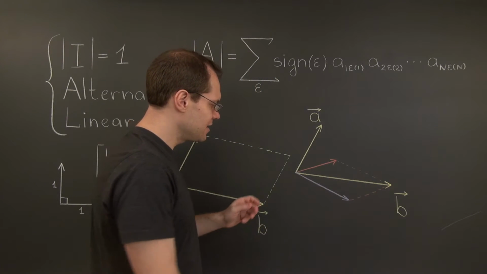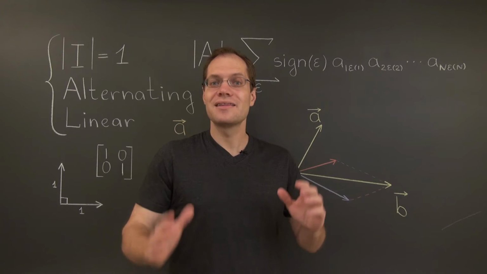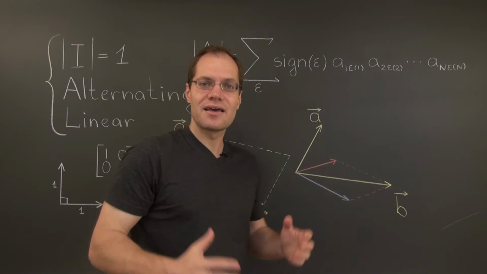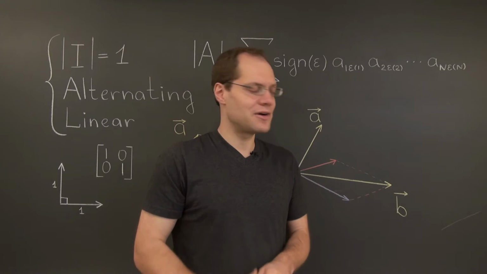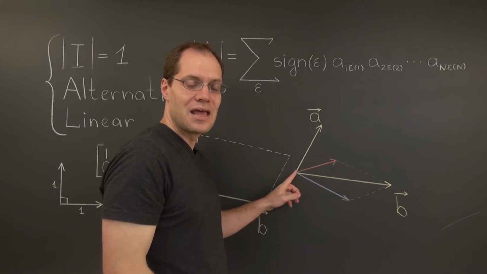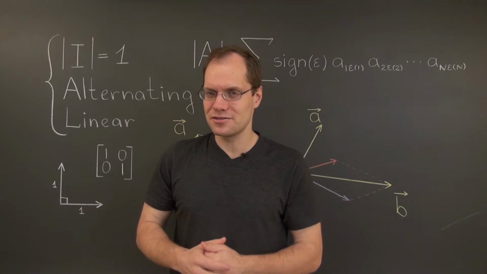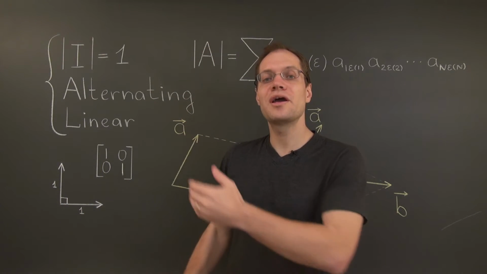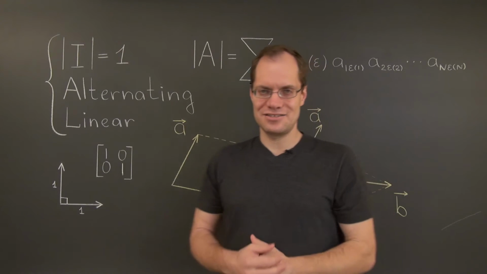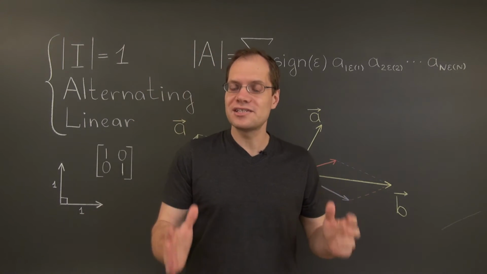We would need to prove that when we think of one of the vectors as a sum of two vectors, then the signed area of the parallelogram that was built on vectors A and B equals the sum of the signed areas of the parallelograms built on A and the red vector and built on A and the blue vector, because that would correspond to the property of the determinant, which, if we think of a column as a sum of two vectors, splits into two determinants, where you have one of the vectors for that column in the first determinant and the other one in that column in the second determinant.